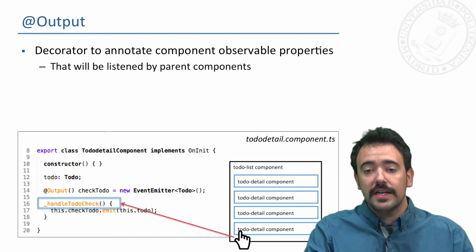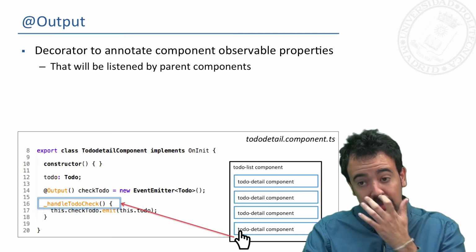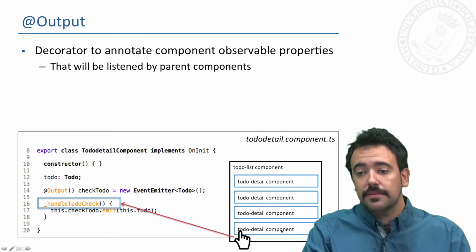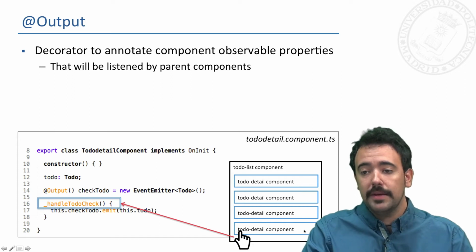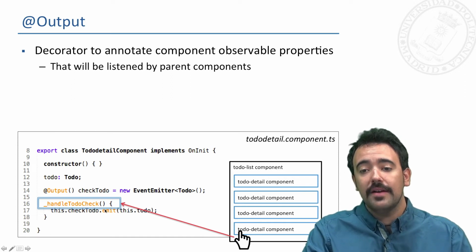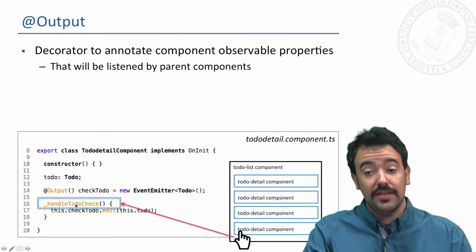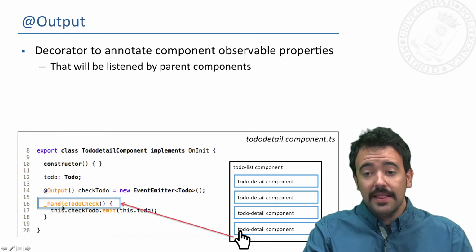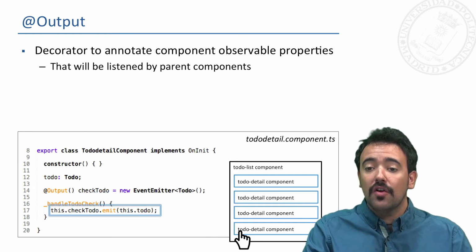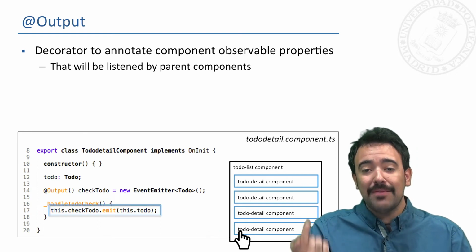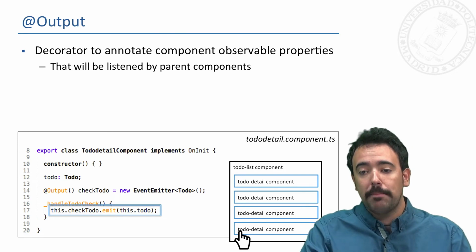Then on the other side, when the user clicks on a specific to-do in the child element, we have to handle this event, which in this case is called handle to-do check, and then we have to use an output decorator in order to emit an event that will be sent to the parent.